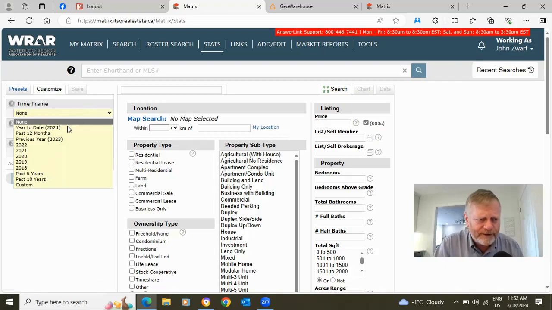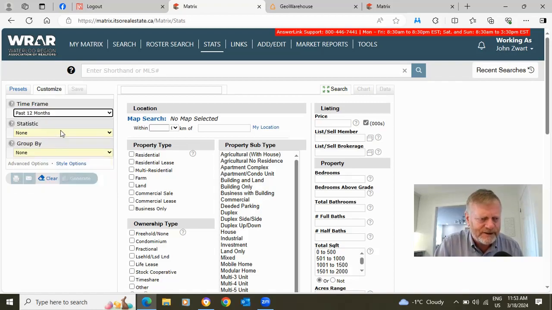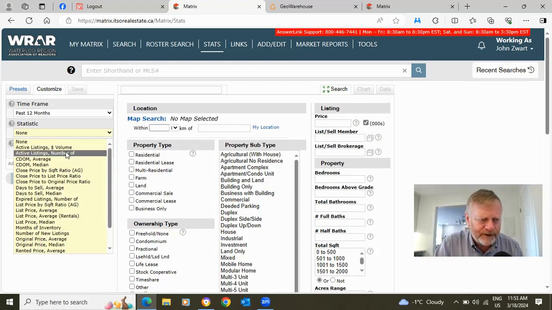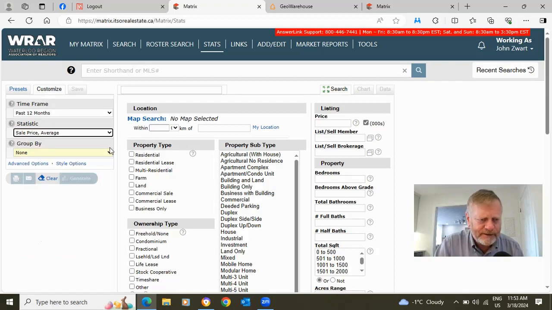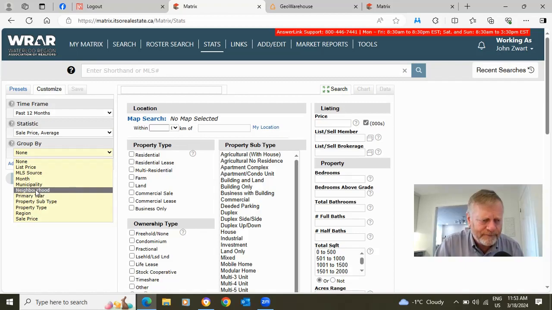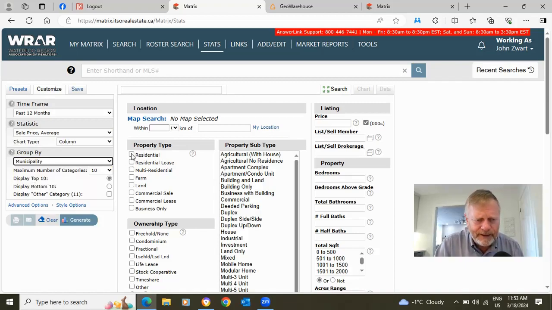Basically, what we're going to look at here is, I was tempted to do year to date, but we don't have enough data really to make a good analysis of various markets. So we're going to do the last 12 months. And then here again, active listings, days to sell, expired listings, etc. We're going to scroll down here, and we're going to go to the average sale price, and we're going to go by municipality, and it's going to be residential.